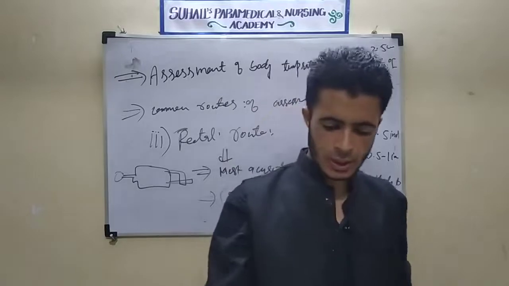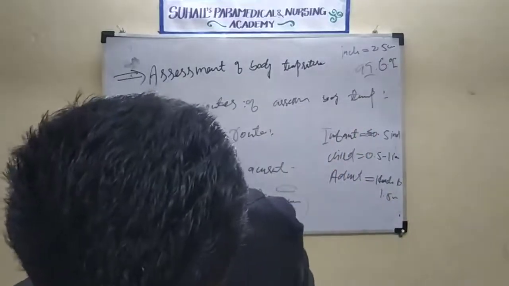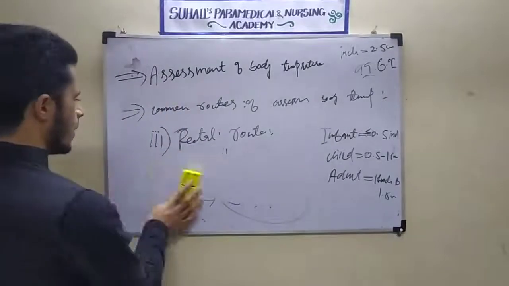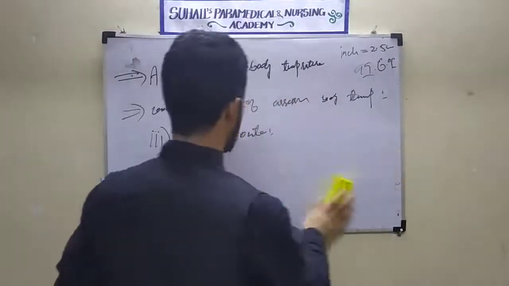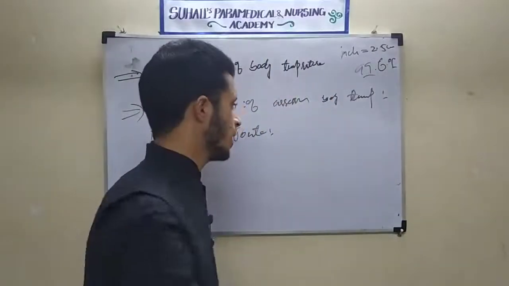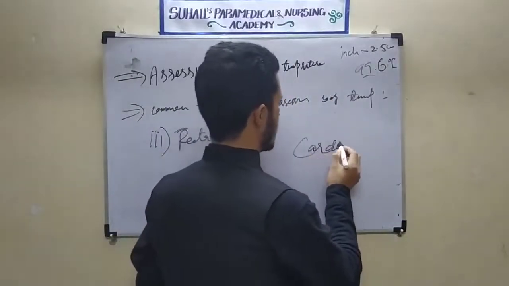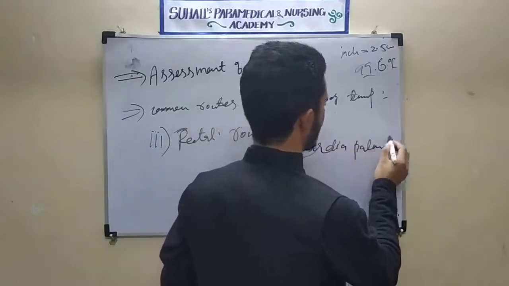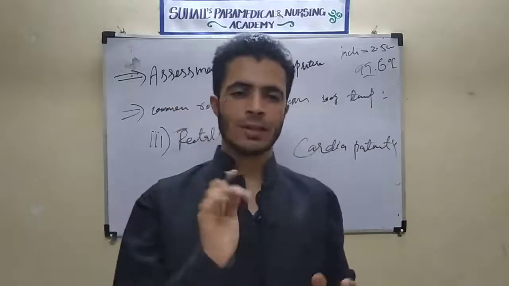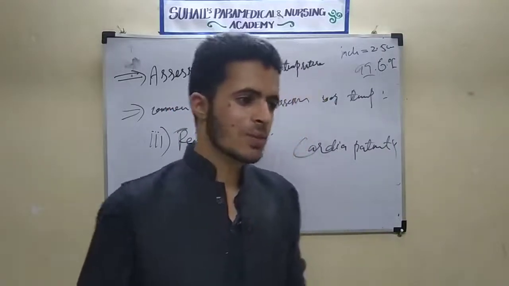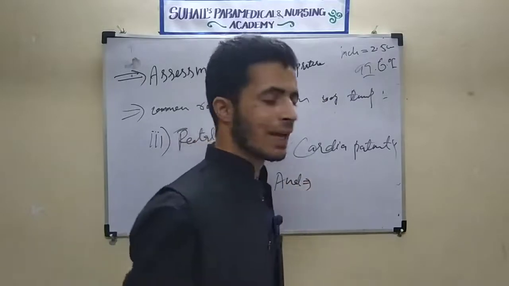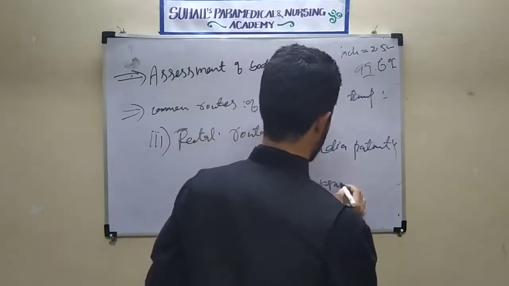One more thing is there, that is also important. What is the contraindication here? That point will be asked in the examination. In higher examinations, this question is asked. In case of cardiac patients, if the patient has any cardiac disorder, we should not use the rectal route. Why? Because in the anus there is the vagus nerve.